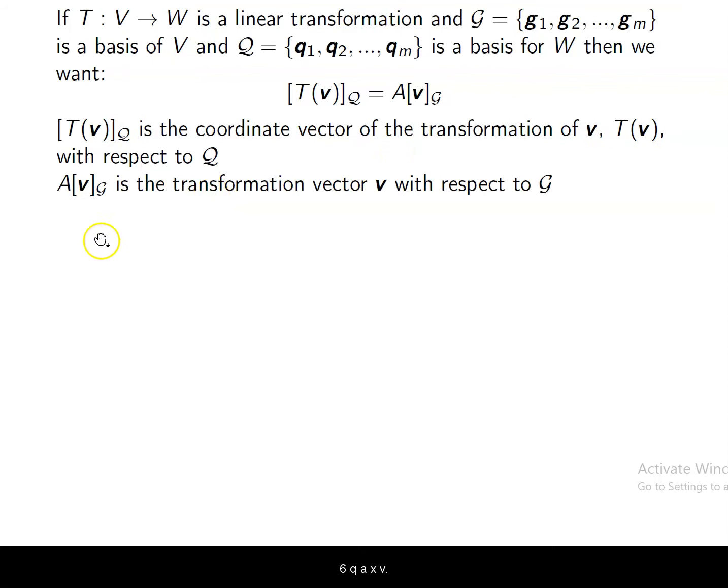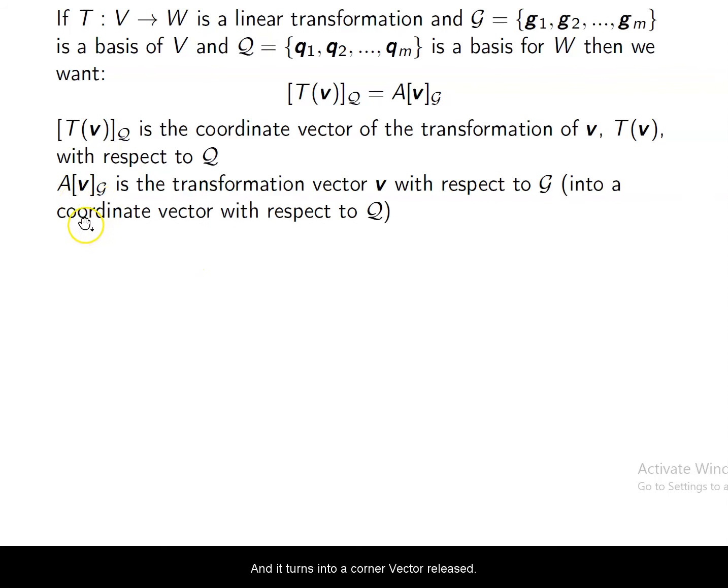With respect to Q, A times V in terms of G is the transformation vector of V with respect to G. So we transform V with respect to G, and it turns into a coordinate vector with respect to Q. So we're transforming V. V is represented by G. That transformation takes the image of V and represents it in terms of Q. So these two sentences here are equal.